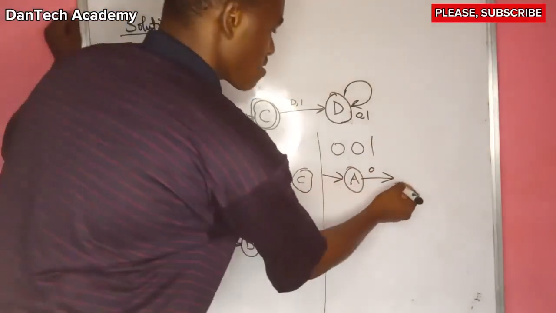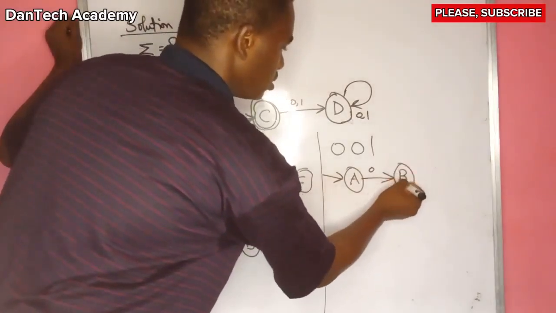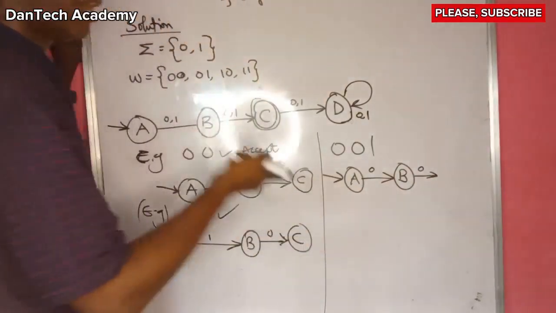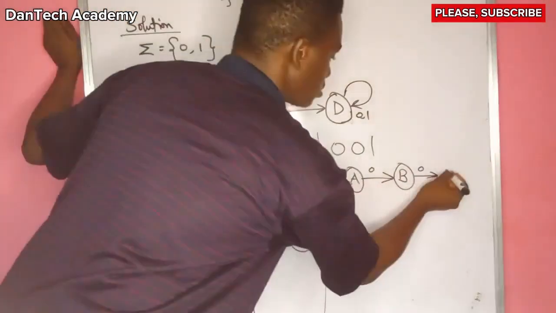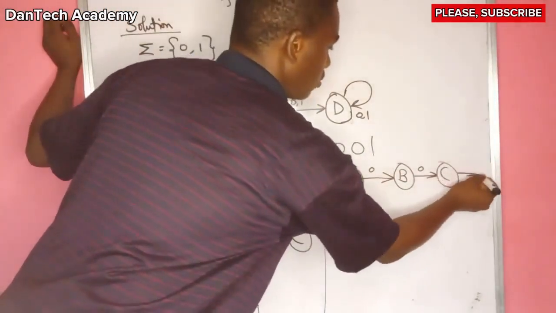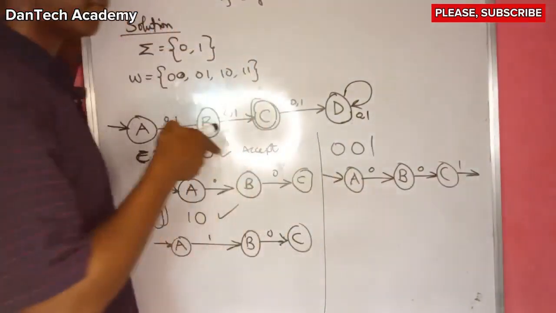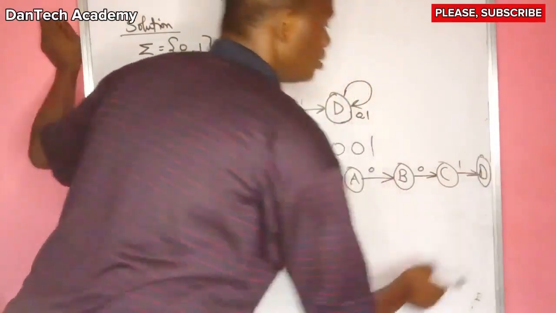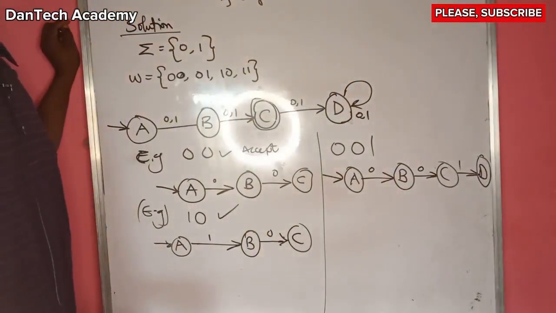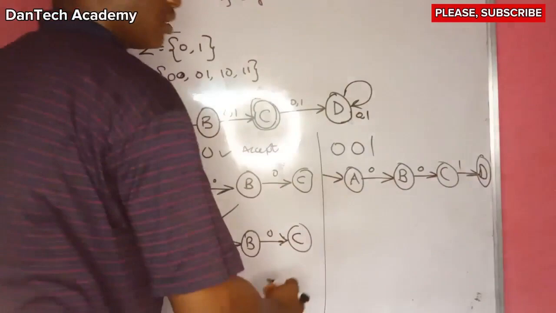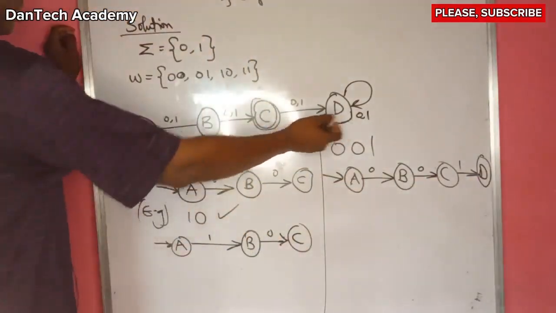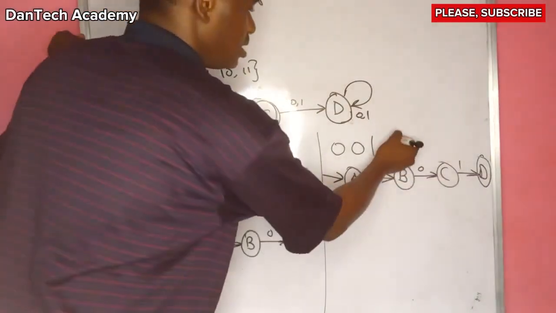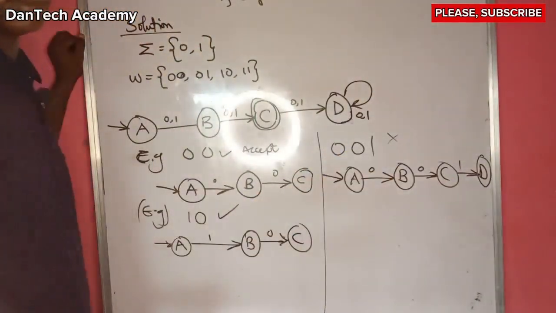The next one takes us to B. Right? 0 enters again from that B. It takes us to C. What enters again? 1 enters from C, taking us to D. So we now ask ourselves, is D the final state in this DFA? No, D is not the final state. Therefore, this 001 is not accepted.